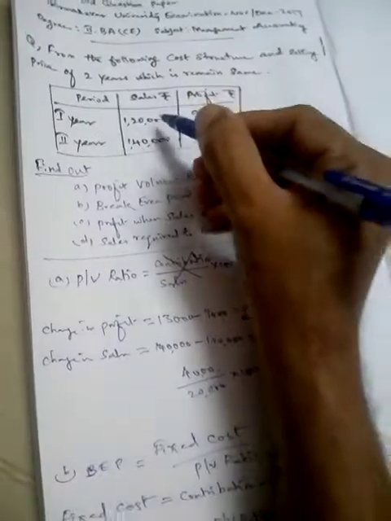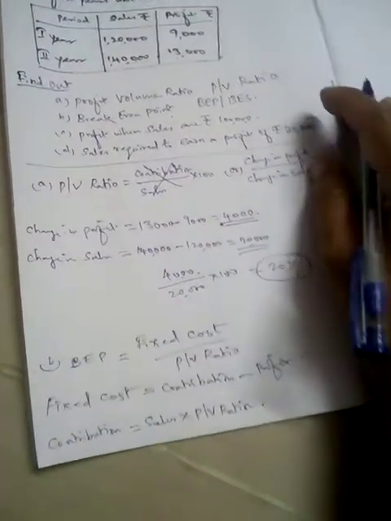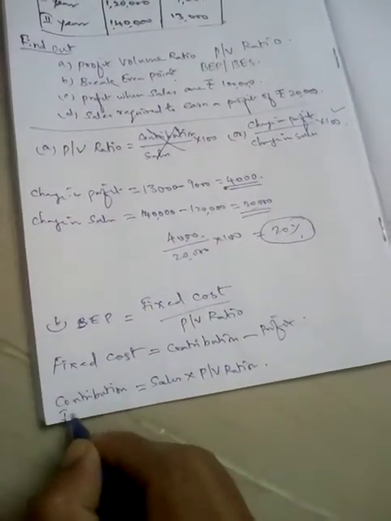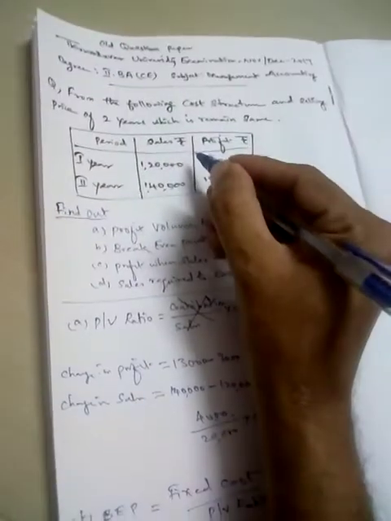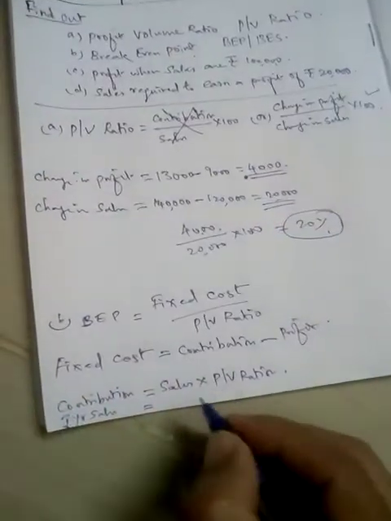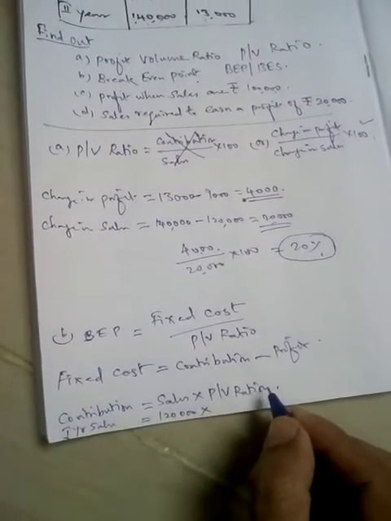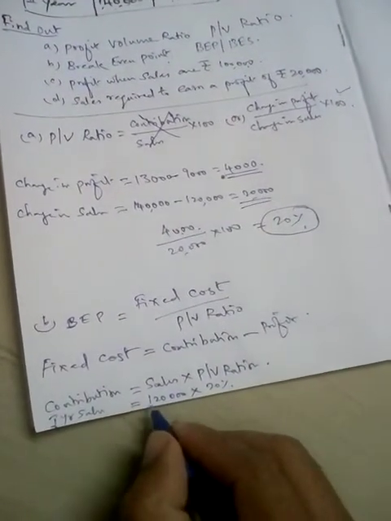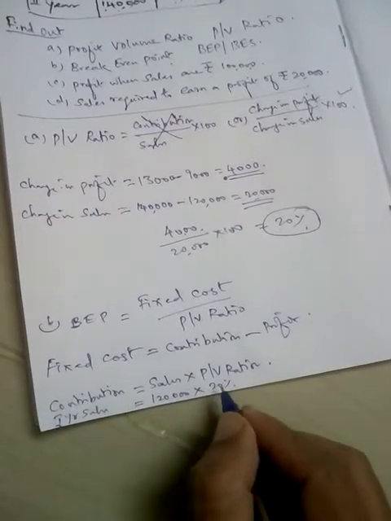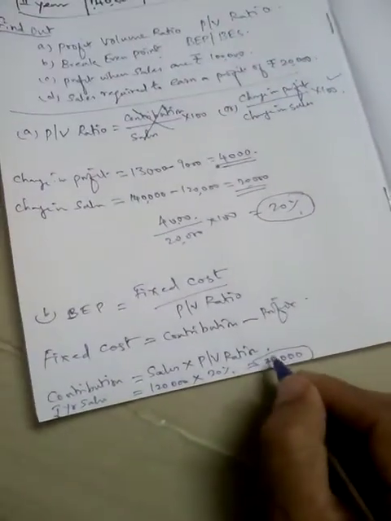I am taking the first year sales, that is 1,20,000, into the PV ratio, which we found to be 20%. 1,20,000 into 20% gives 24,000, which is the contribution.